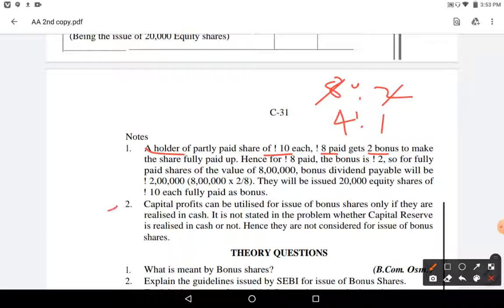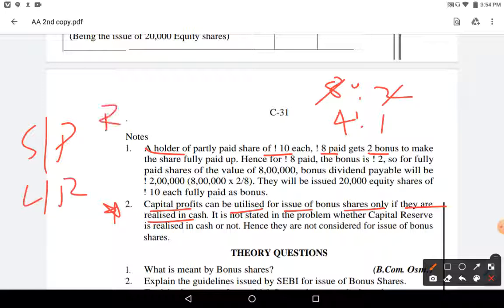And a note: only if they are realized in cash. Securities premium and capital reserve received in cash only can be used for issue of bonus shares.